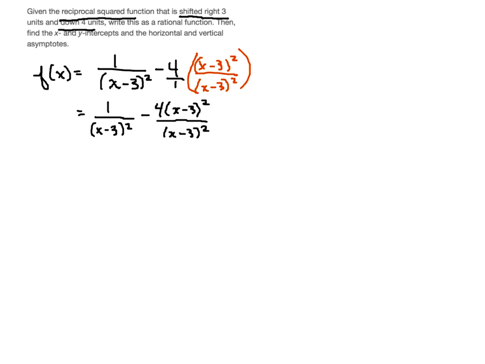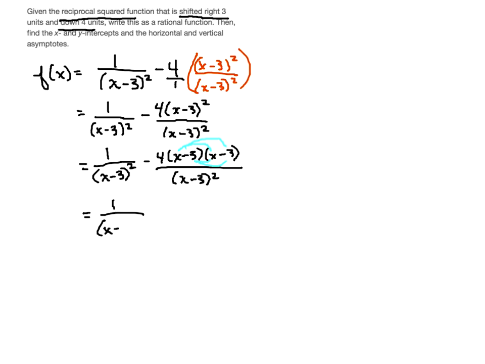So I've got to multiply that out first. This is equal to 1 over x minus 3 squared minus 4 times x minus 3 times x minus 3 over x minus 3 squared.